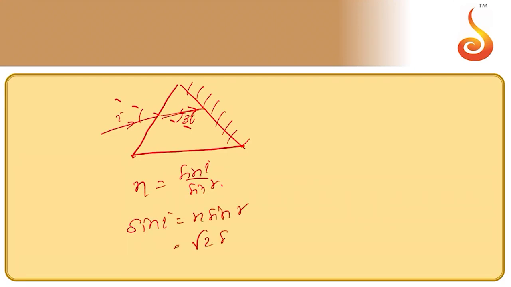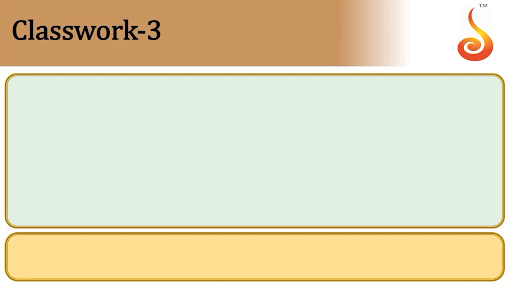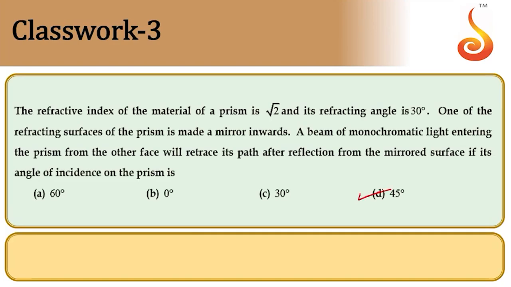So, √2 sin 30, that is equal to 1 by √2. So, sin I is equal to 1 by √2 implies I is equal to 45 degree. Therefore, the angle of incidence on the prism is I is equal to 45 degree.